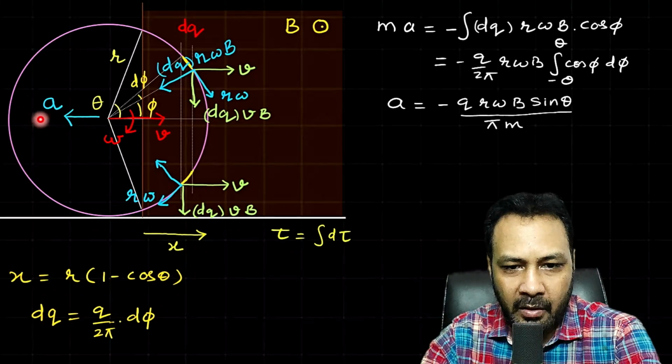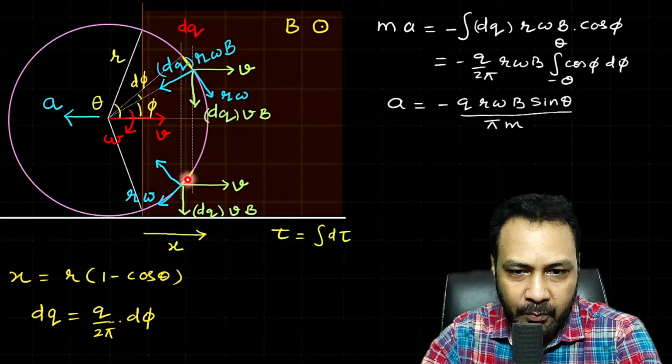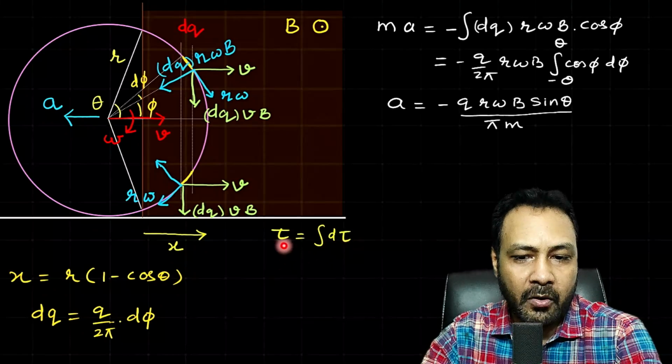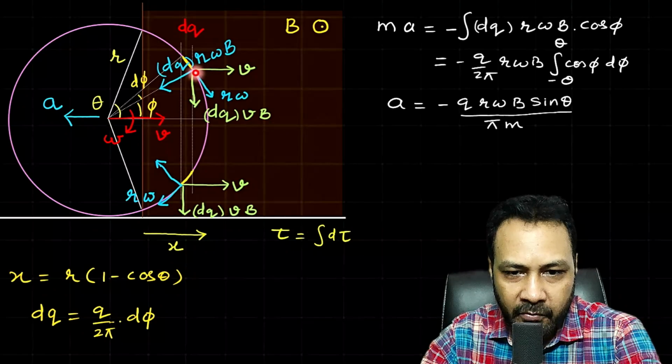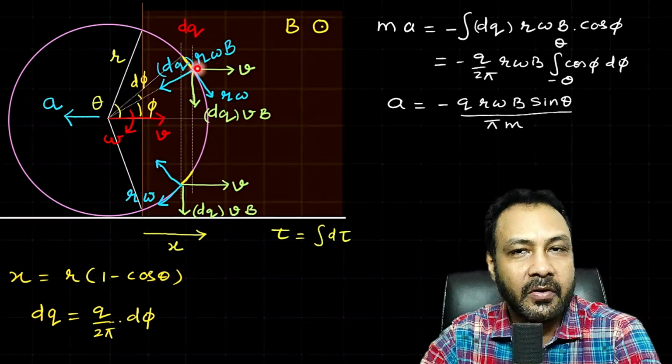And now I want to apply the torque equation. For this part, suppose due to this element the torque is d tau. So net torque will be the integration of all these torques. Because of these two elements there would be torque. This element, this force, the line of action of this force is at a distance. This is r, and this is phi, so this is r sine phi.